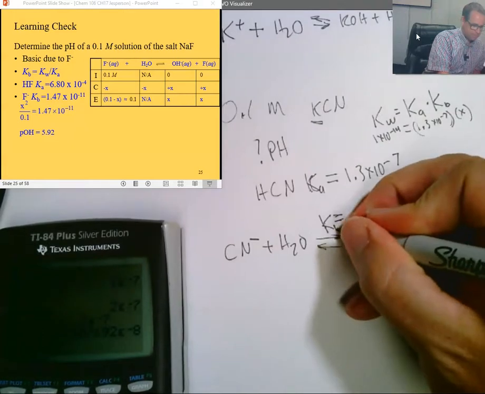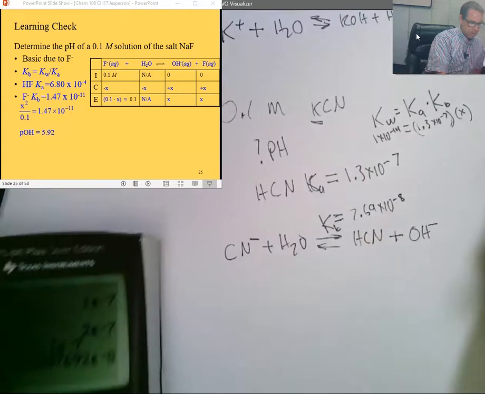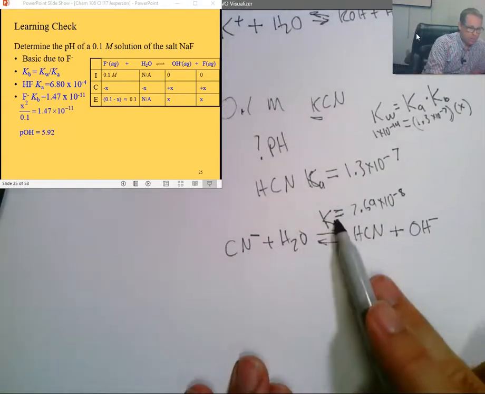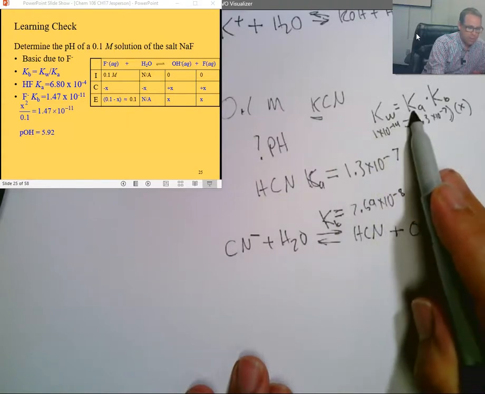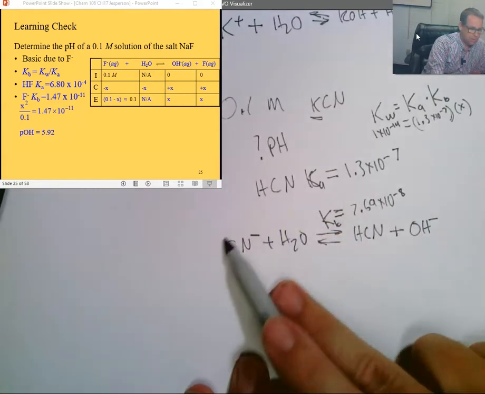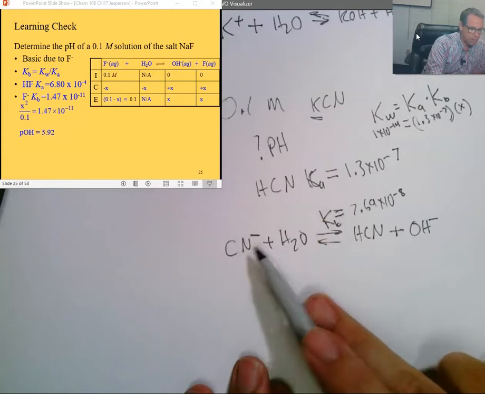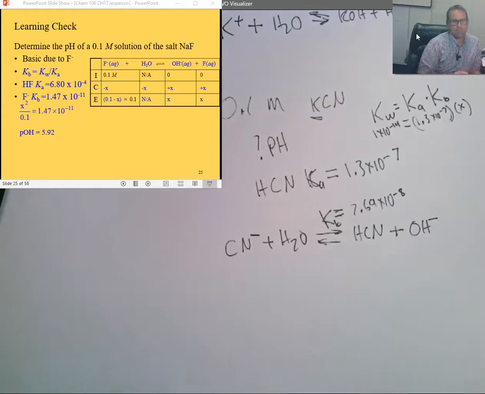So would that be the Kb as well for that equation, since the CN negative is the same? That's right. Here, this Kb derived this way by taking the relationship between Kw and the Ka for its conjugate acid is the equilibrium constant for its conjugate base pulling protons from water, acting like a base.